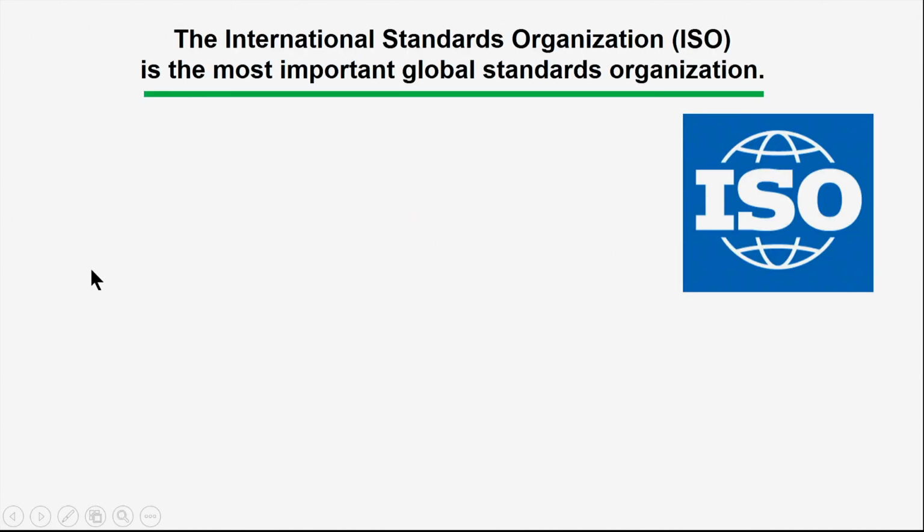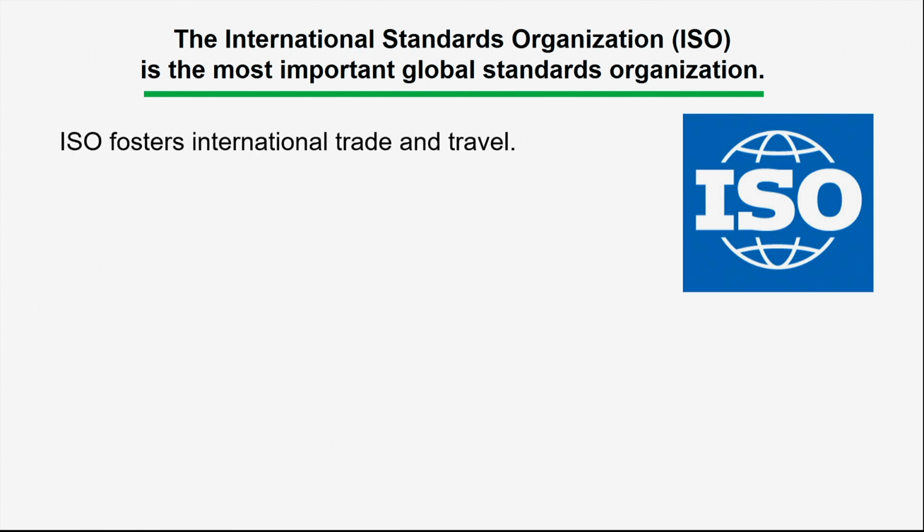So ISO, the International Standards Organization, is the most important global standards organization. ISO exists to support international trade and travel, and has existed since shortly after the Second World War for specifically that purpose.